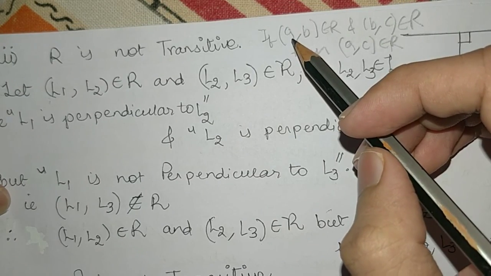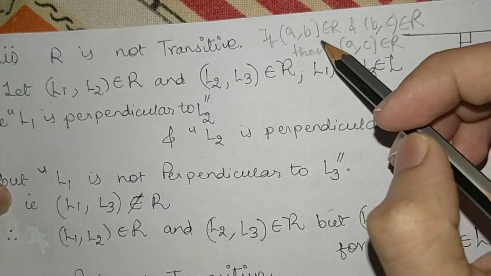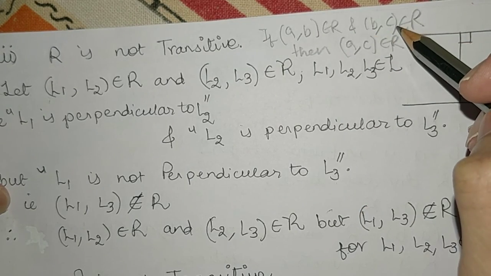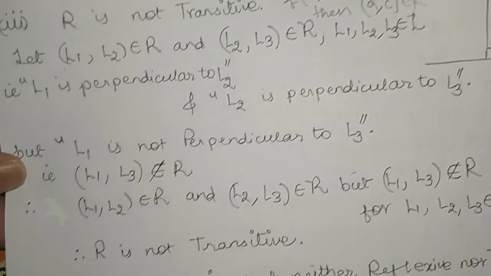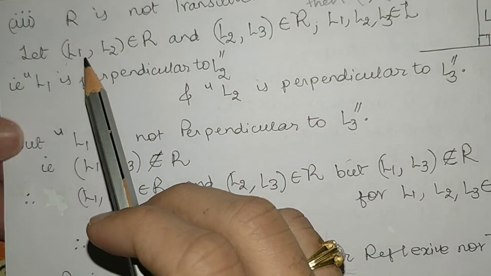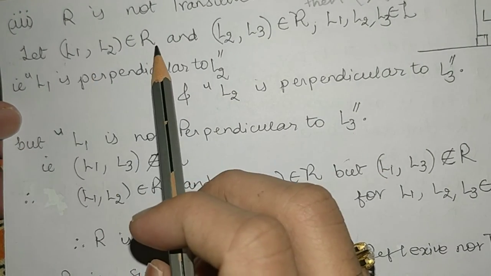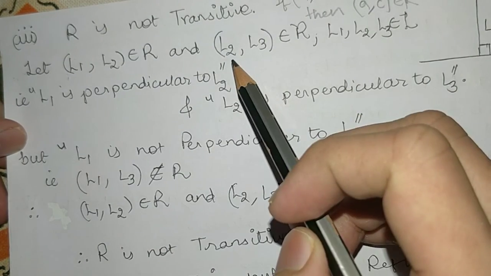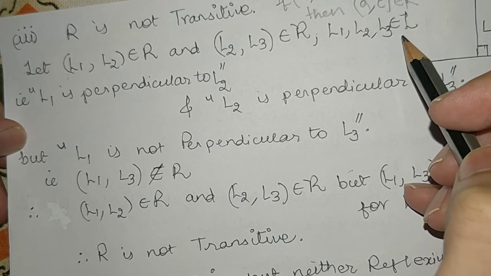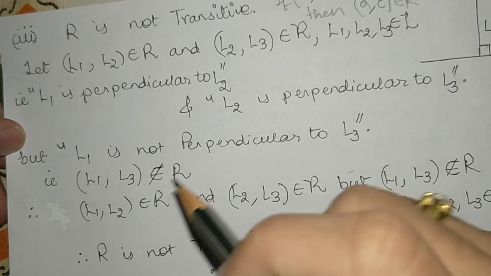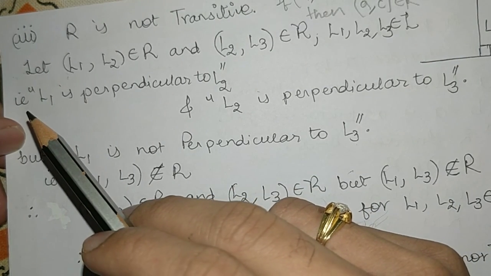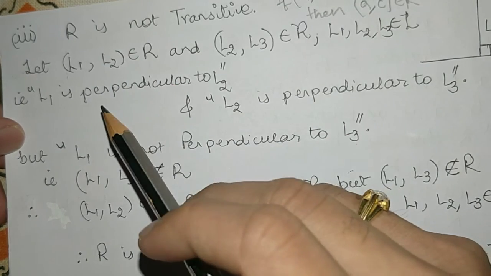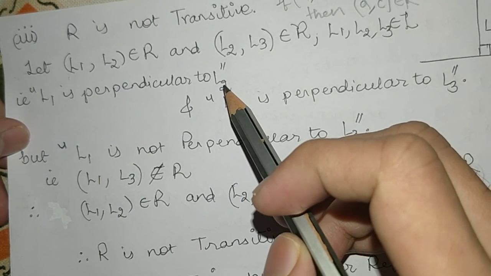So here we are taking elements of the type A comma B and B comma C, where the second element of the first ordered pair is equal to the first element of the second ordered pair. So in this case we have to take L1 comma L2 belonging to R and L2 comma L3 belonging to the set R, where L1, L2, L3 belong to the set L. Since L1 comma L2 belongs to the set R, it means L1 is perpendicular to L2.